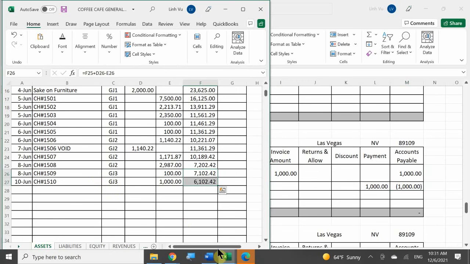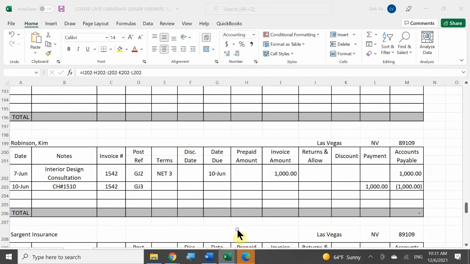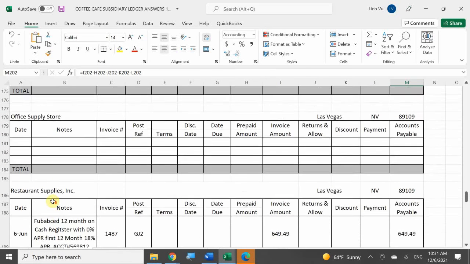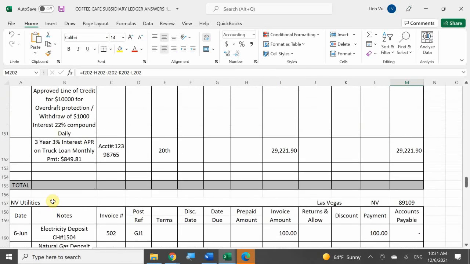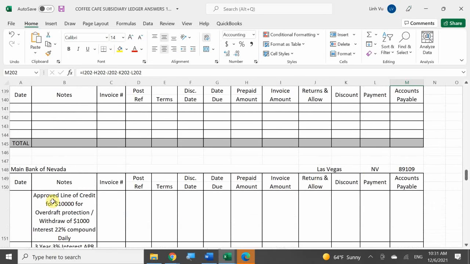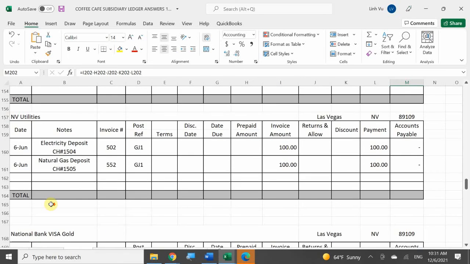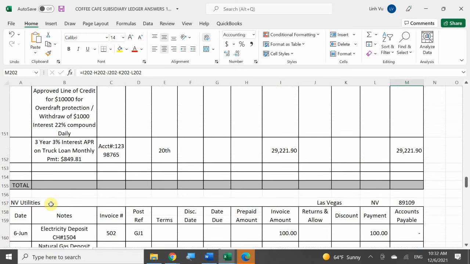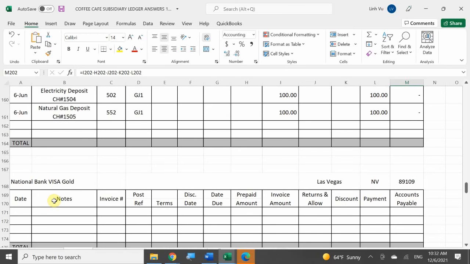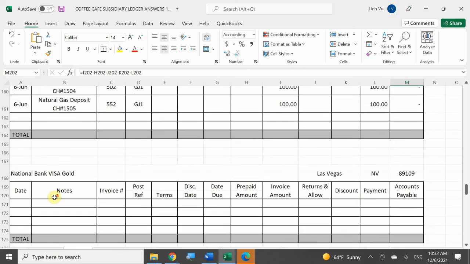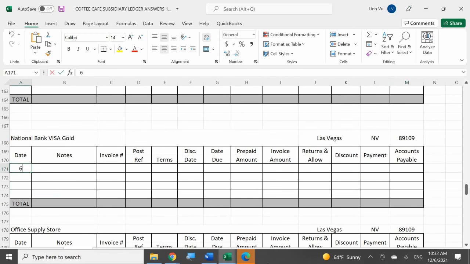So let's go to my subsidiary ledger, and I'm going to locate National Bank, the vendor. So we have Main Bank, NV Utilities, National Bank Visa Gold Card. No date necessary because we haven't received a bill.